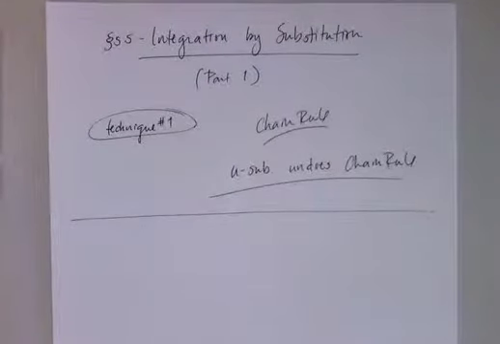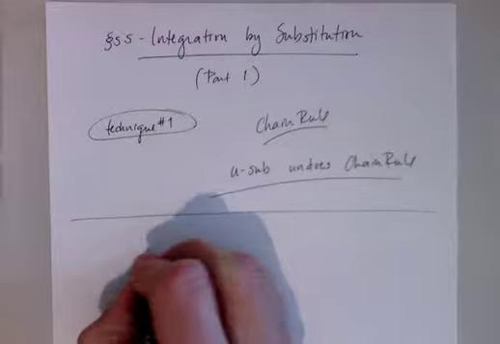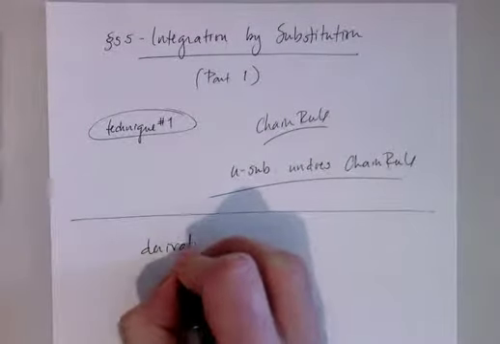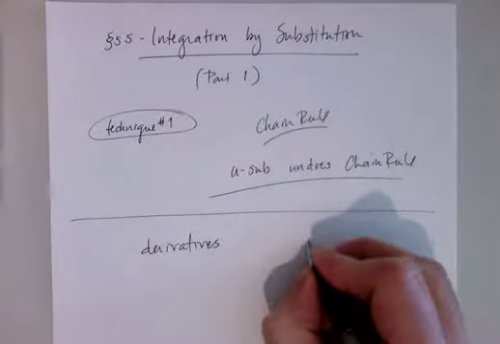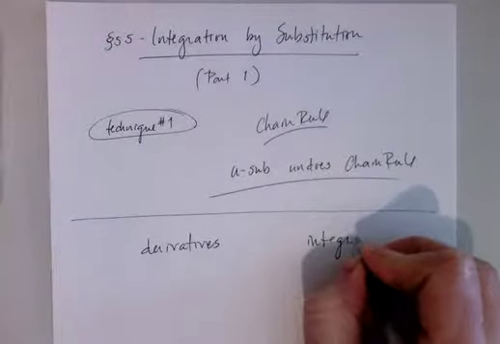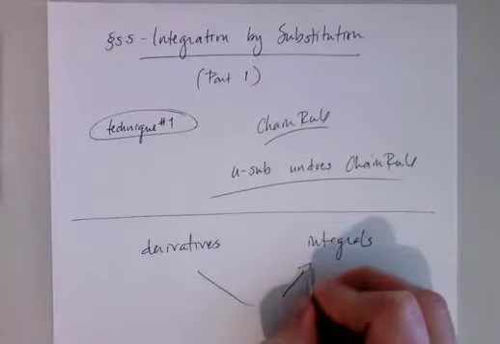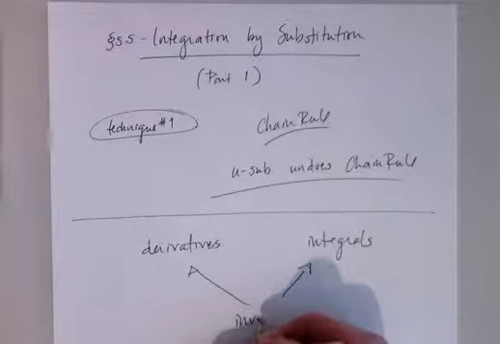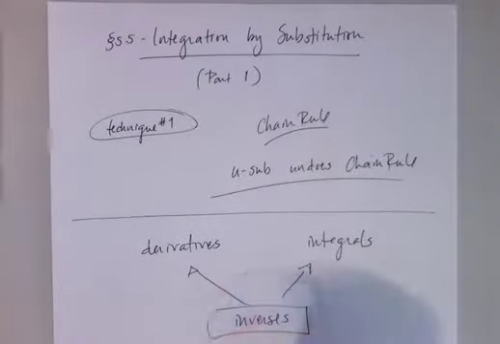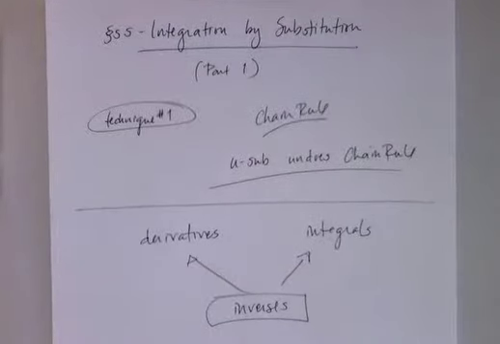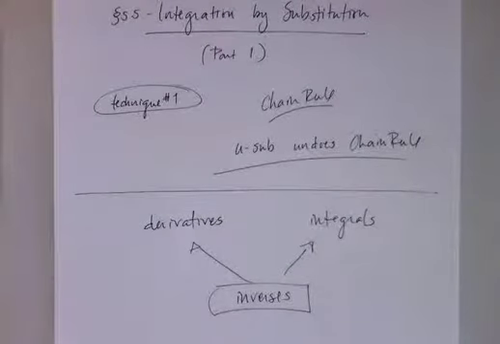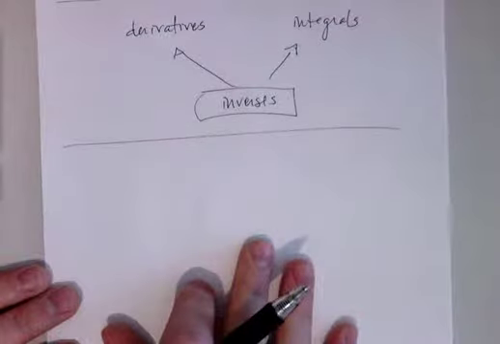Now here's the thing. We talked about how derivatives, okay, and integrals are inverses, right? They are inverse operations of each other. That means that they undo each other. Now, there's a reason why we did differentiation first. Think about what it would take to undo a problem that is in a chain rule form, okay?